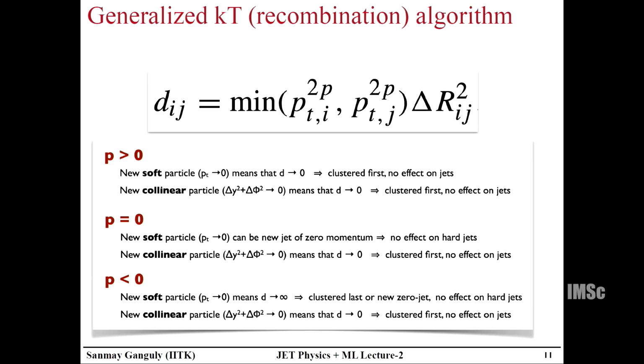I hope the role played by the PT parameters in the generalized KT family distance is clear, that is why anti-KT is less susceptible to pile up of soft particles versus KT jets.